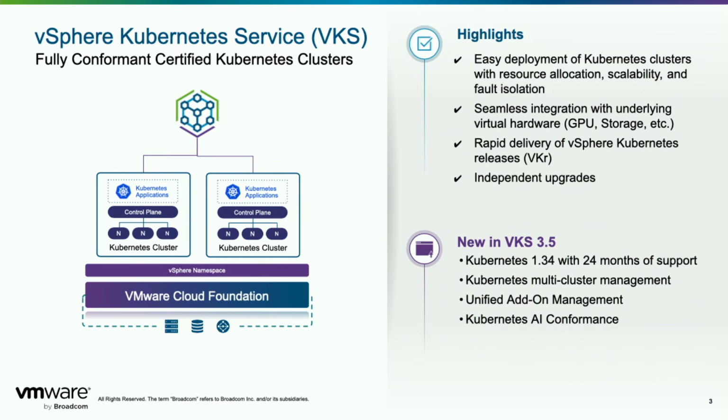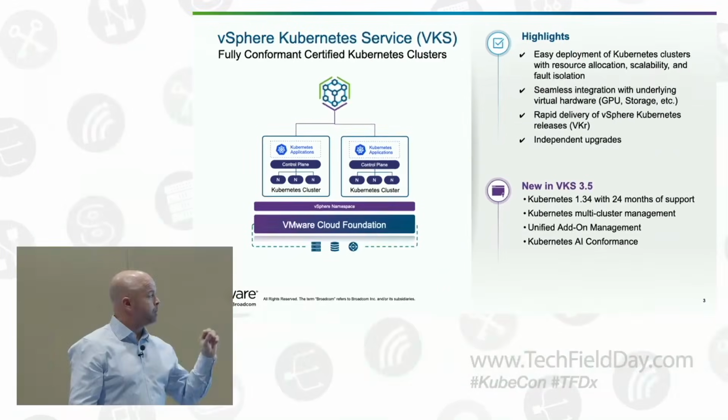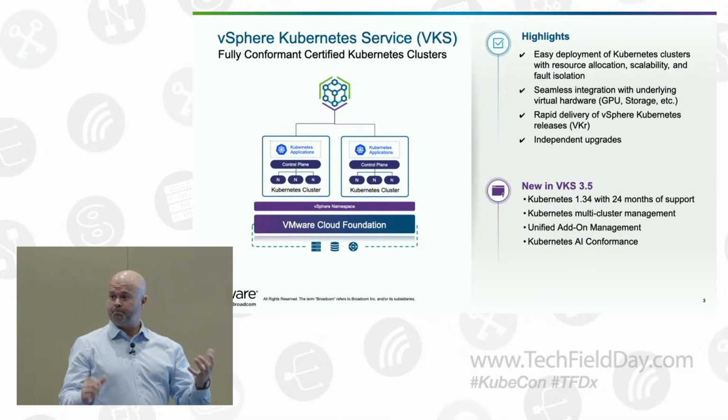We're launching with the same velocity that you're seeing from these other public cloud vendors. And so this aligns the VCF infrastructure to have that exact same sort of Kubernetes capability.